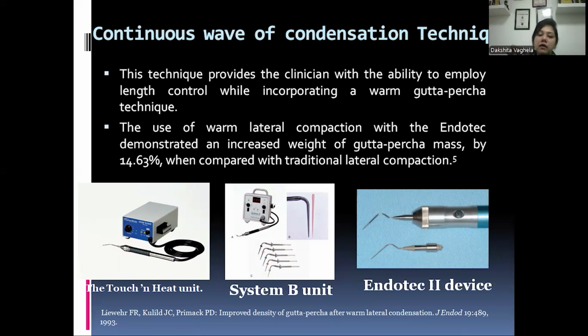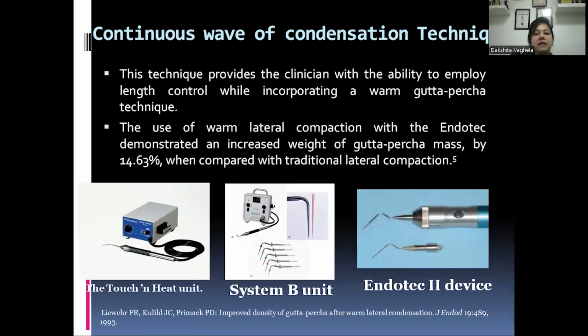So the heated plugger device is put in, coronal GP is removed, and the same heated tip, you just switch it off so that there is no heat being supplied now. Put it there for 10 seconds, put the pressure there for a minute, and then you again heat it and then remove it. So the same continuous heat is being applied to the GP.